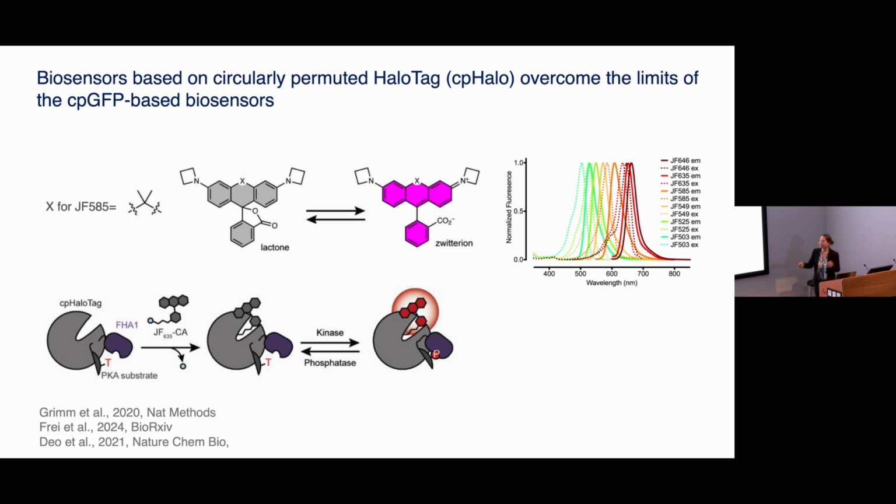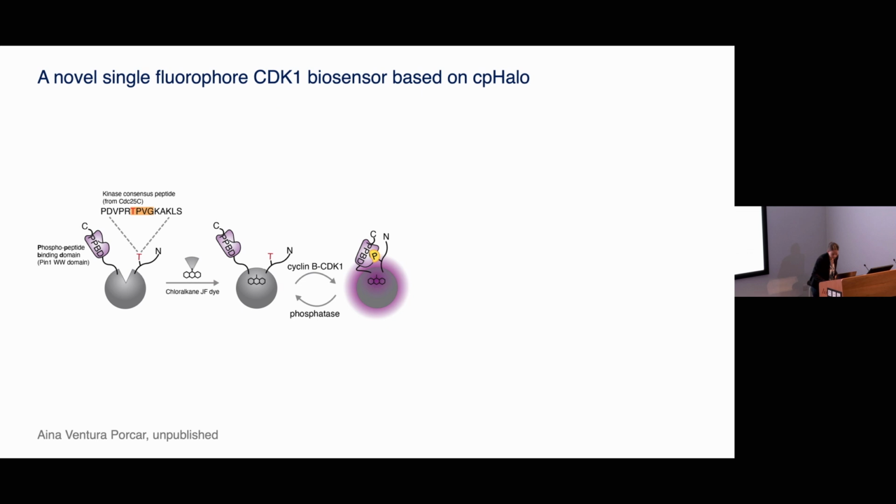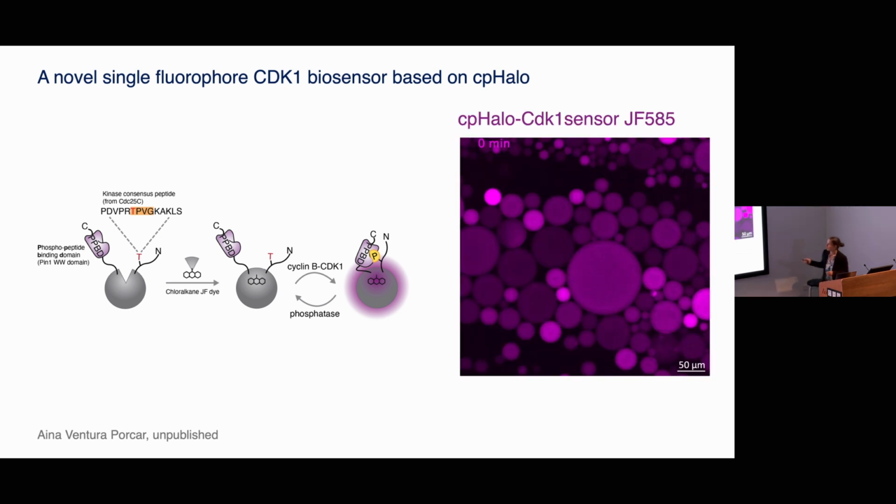So again, we could now have a system where upon phosphorylation, we get an increased fluorescent emission. We took the same peptide and the same WW domain as a phosphopeptide binding domain as we had done before, and we implemented this. And to our excitement, something we had never seen for the circularly permuted GFP, now we could see oscillations by eye. Normally we always had to analyze it to really nicely see it.